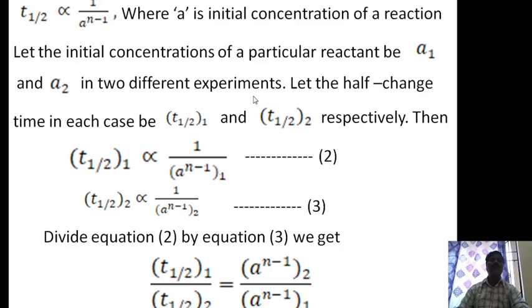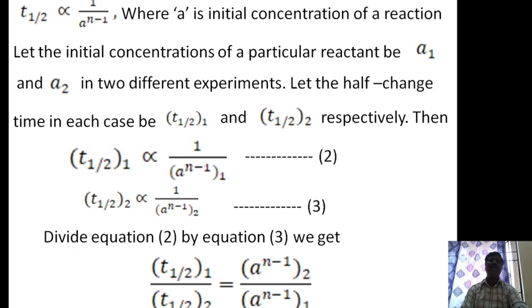You have to carry it out for two different experiments, in which the initial concentration of one experiment is, let's say, A1, and in another experiment you let A2 be the initial concentration. Then the corresponding half-life period of each experiment you have to calculate.